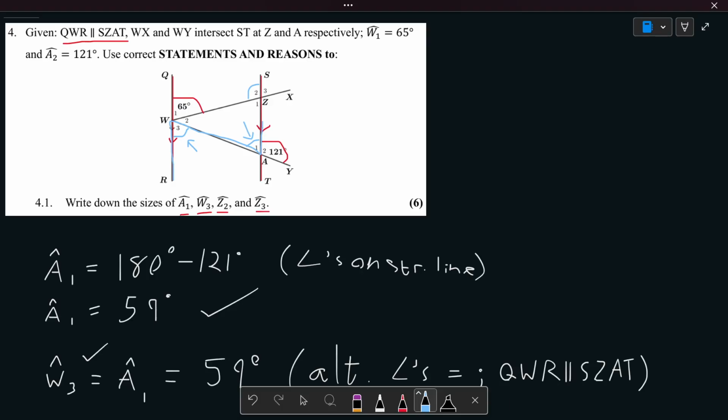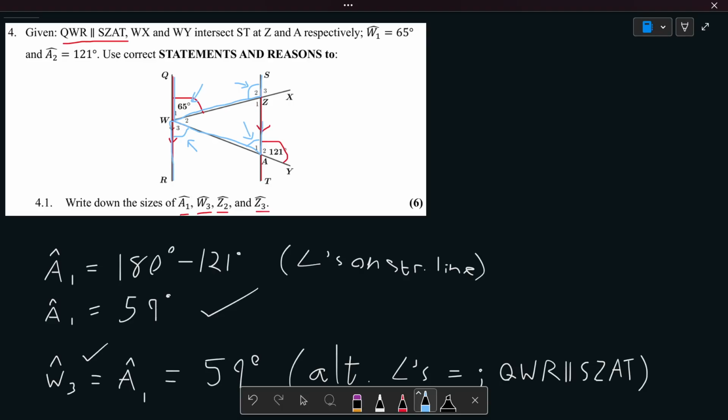This 65 degrees is co-interior to Z2 because, as you can see, there's the parallel line over here, and then we have this type of shape. If you remember that co-interior shape, it gives us the reason co-interior.